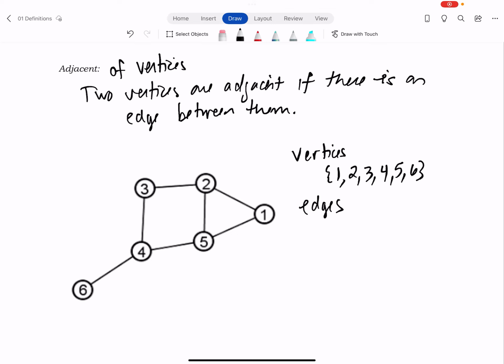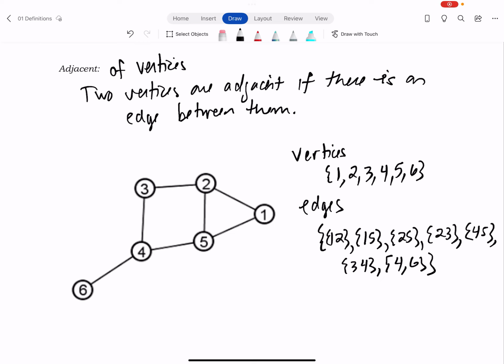The edges, we also list these as a set, are 1,2, because they join vertices 1 and 2, 1,5, 2,5, 2,3, 4,5, 3,4, and 4,6. Let's count and make sure. 1, 2, 3, 4, 5, 6, 7. So this is how we write the edge set.